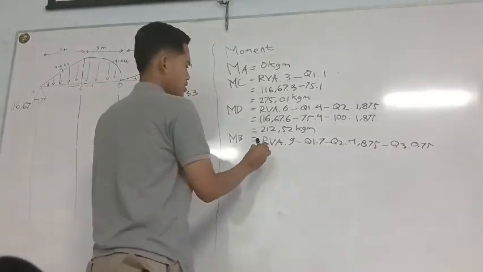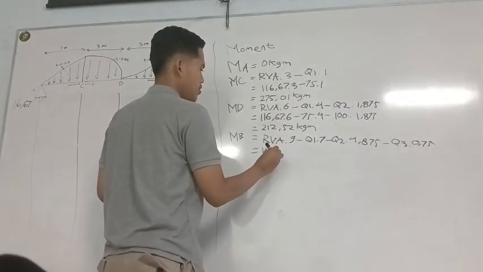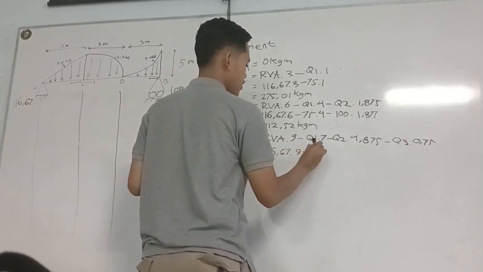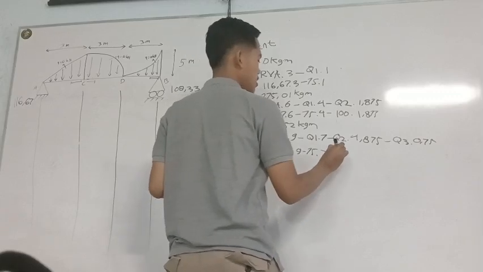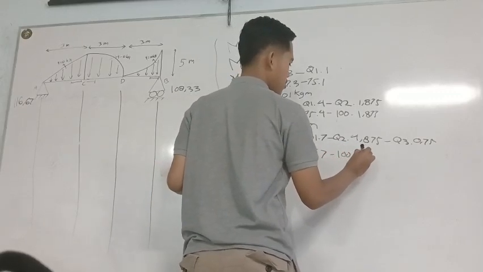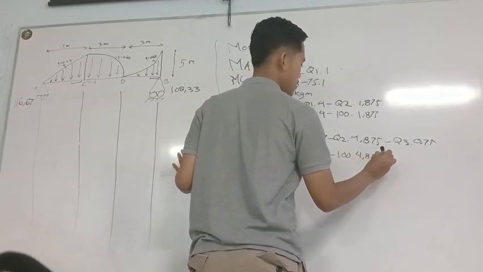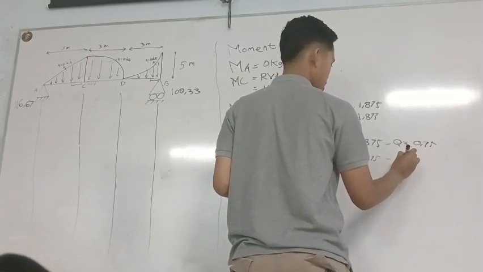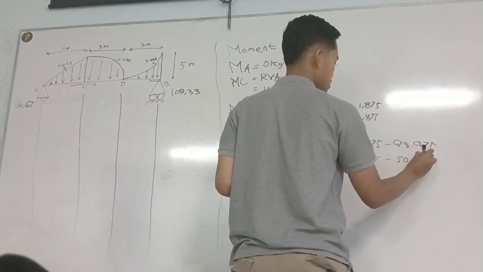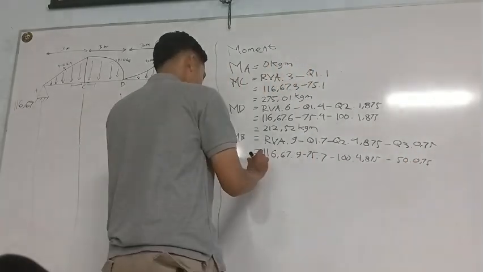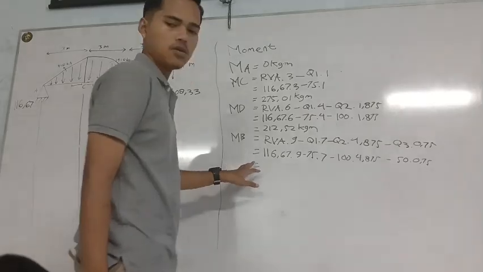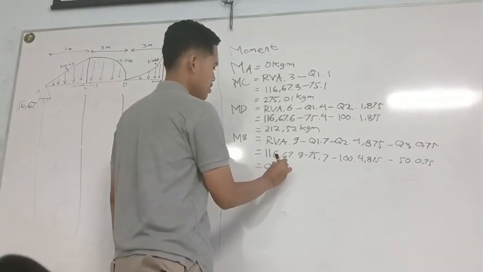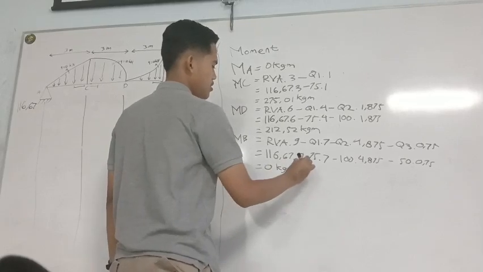That equals 116.67 times 9 minus 75 times 7 minus 100 times 4.875 minus 50 times 0.75. So the value is 0 kilogram meter. So this is correct.